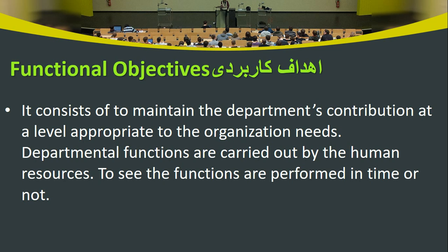Here the functional objectives of HRM include performance appraisal. Employees' performance should be appraised. If they did good things, they have to be pushed up and motivated. They have to be given some increments or incentives, so that they keep working better to achieve the organization's goals effectively and efficiently.